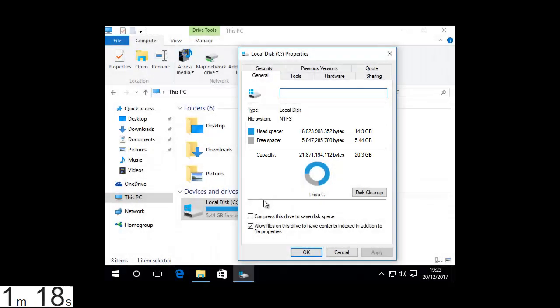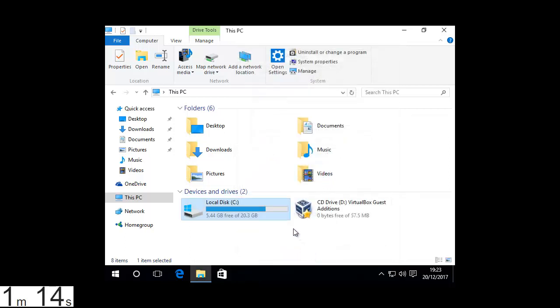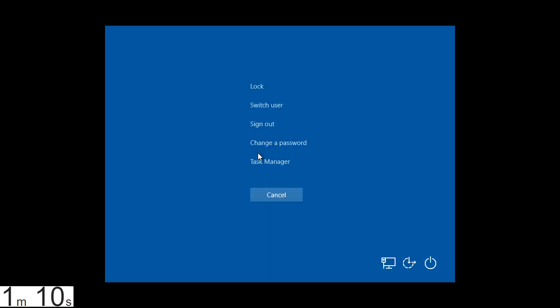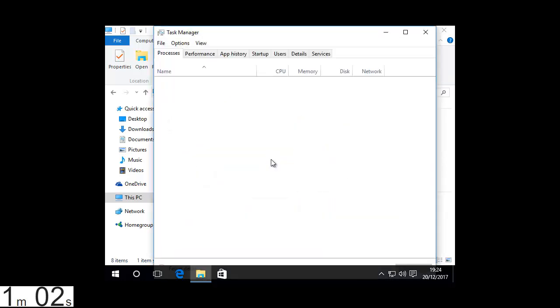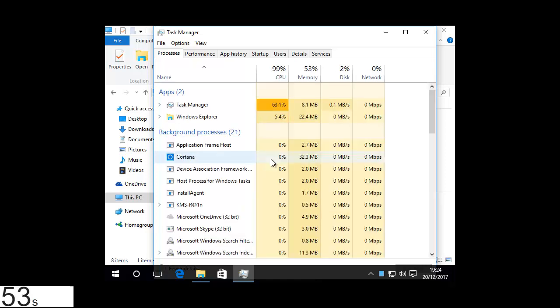Now we shall see what resources are being used by the Task Manager. Here we can see that almost every inch of the CPU is used just to run Windows and over half of its memory.